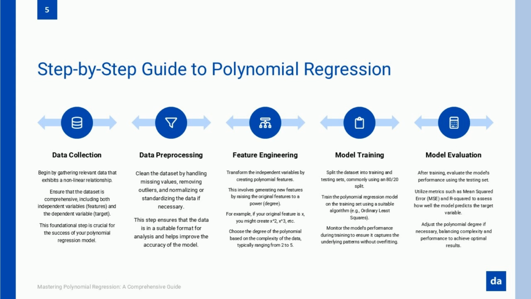The first step is to collect relevant data that exhibits a nonlinear relationship between independent and dependent variables. The dataset should be comprehensive, ensuring that it includes all necessary features, independent variables, and target values, dependent variables. High-quality data is the foundation of an effective polynomial regression model.